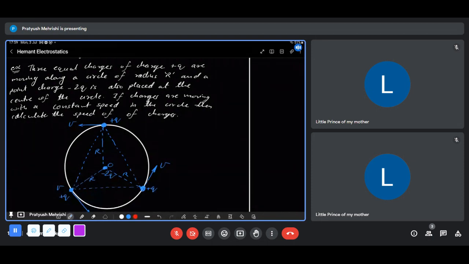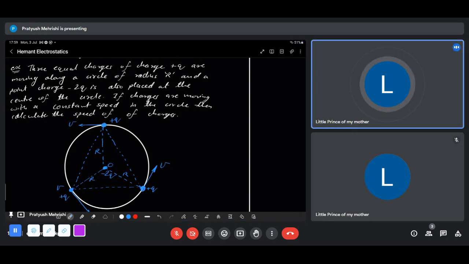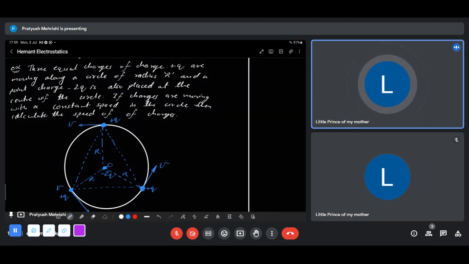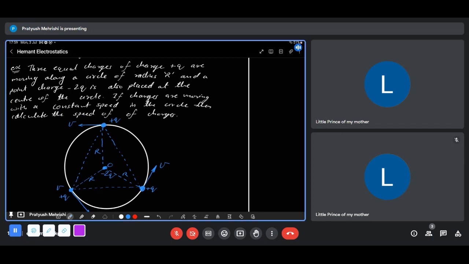Hello. Yes. Are you getting the question? Tell me what did you understand from this question? Three equal charges are moving on a circle. Yes, they are moving on a circle.